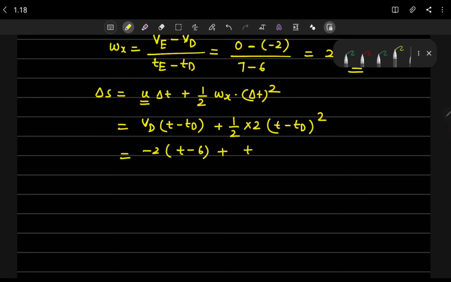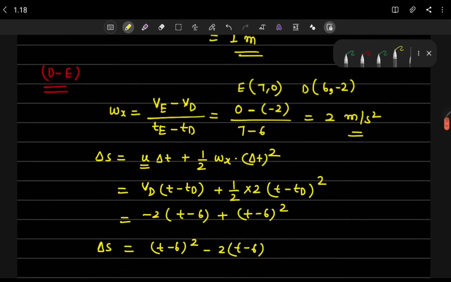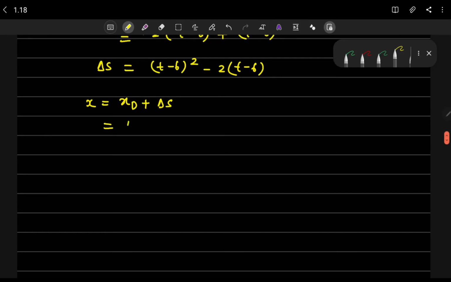So we can write t minus 6 whole square minus 2 times t minus 6. This is delta s. Now the position is xd plus delta s. What is xd? We found it is 1 meter. So 1 minus 2 times t minus 6 plus t minus 6 whole square. This is the position we have got.